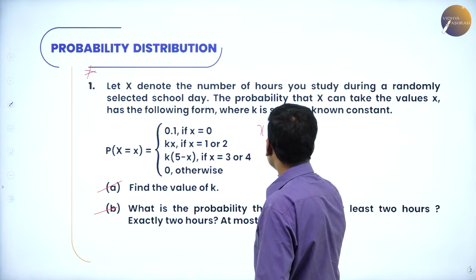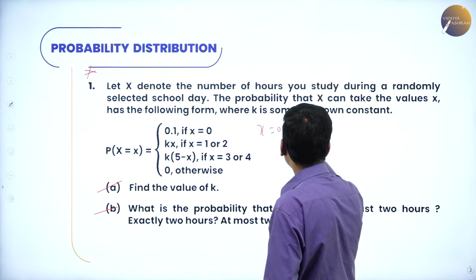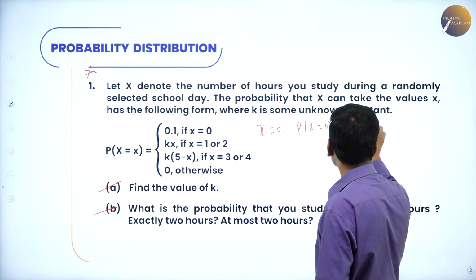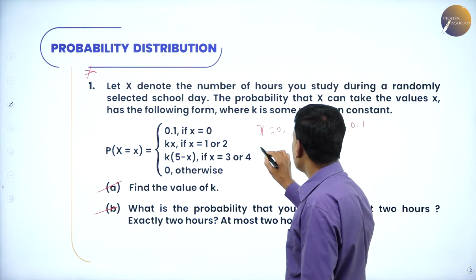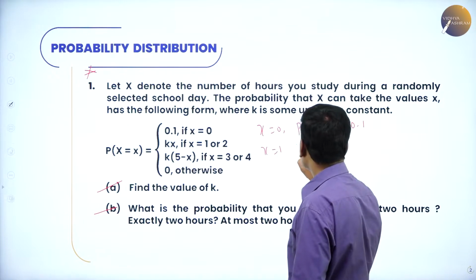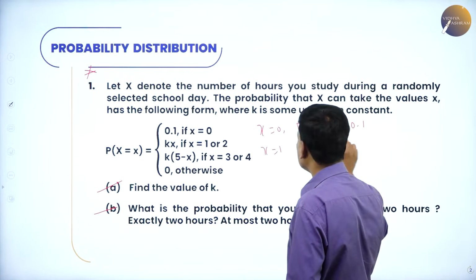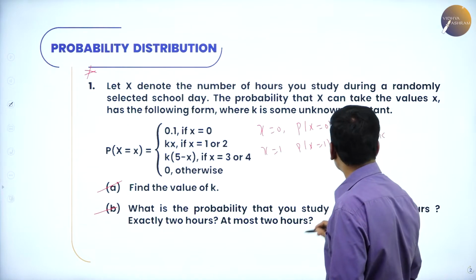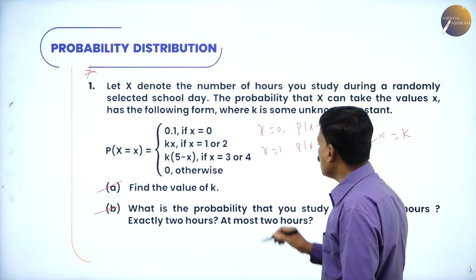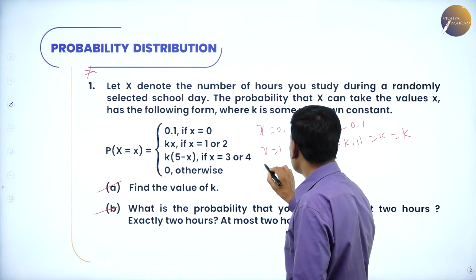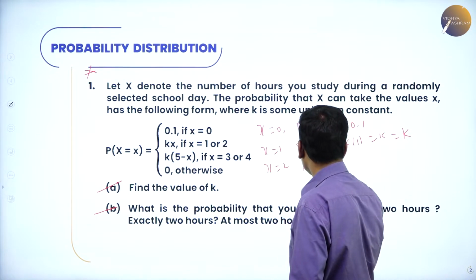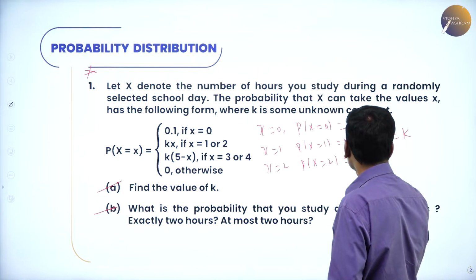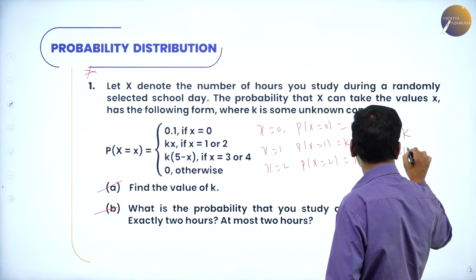When x is equal to 0, what is given? P of X equals 0 is 0.1. When x is equal to 1, what we will get? k into 1 is equal to k. Similarly, when x is equal to 2, P of X equals 2, put x is equal to 2, that is k into 2 is equal to 2k.